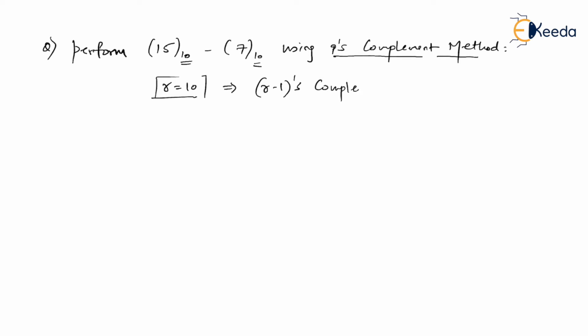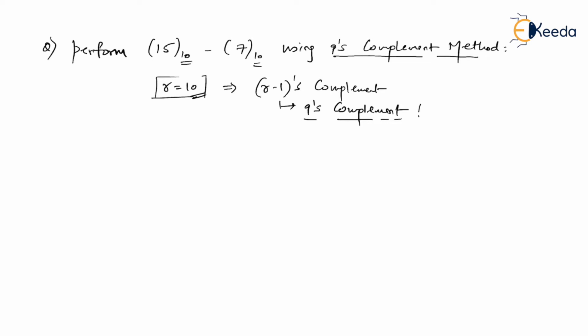So the R minus 1's complement method is nothing but using a 9's complement method. And let me tell you, you cannot use the 1's complement and 2's complement method to subtract this, because R equal to 10. So R equal to 10 gives you only two possibilities: either you can use the 10's complement method or you can use the 9's complement method to carry out the subtraction.